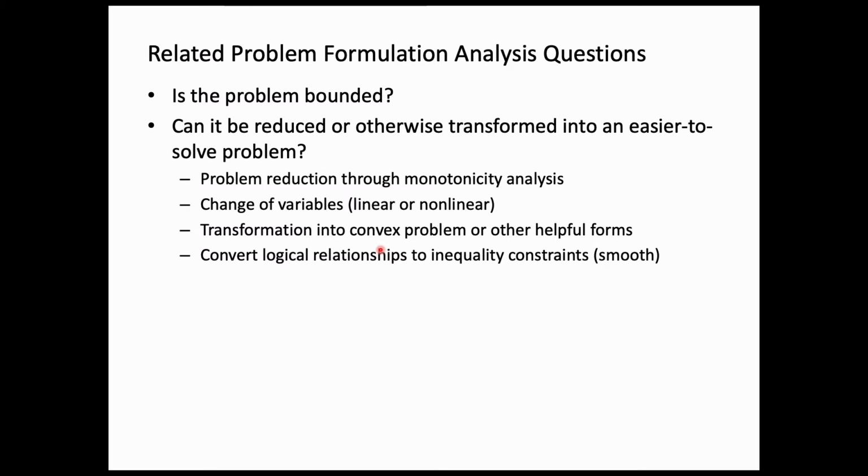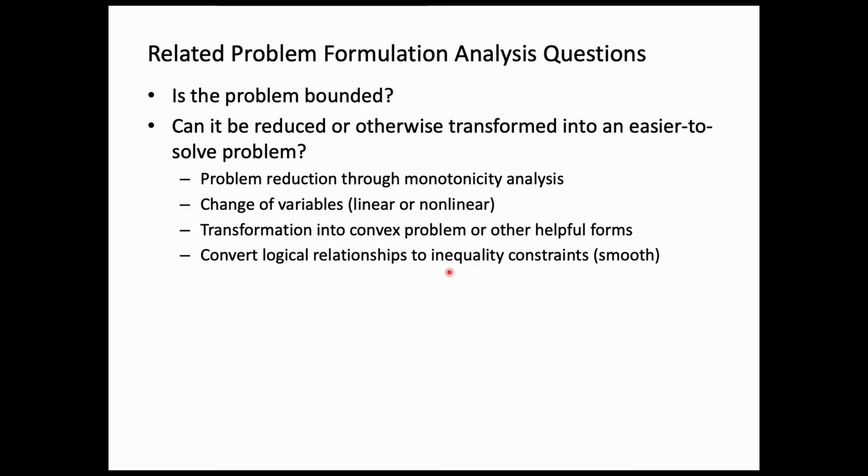And there are other types of logical relationships that could be embedded within engineering analysis functions. And there's some tricks that could be used to convert these logical relationships to inequality constraints that are handled explicitly by the optimization algorithm.